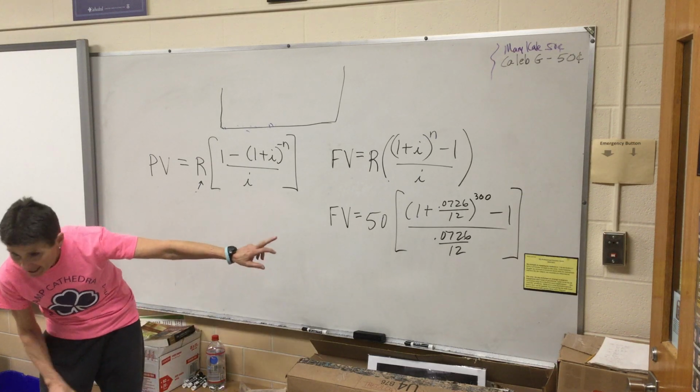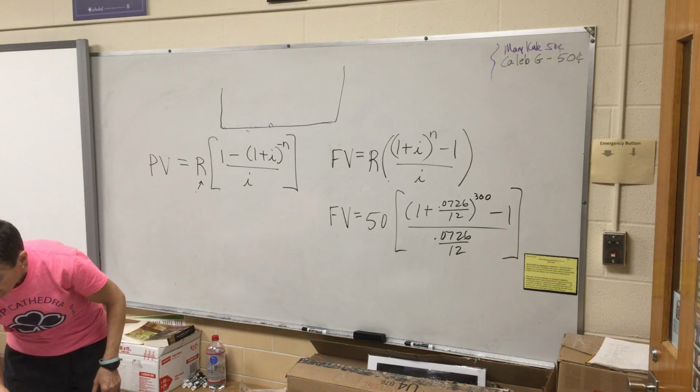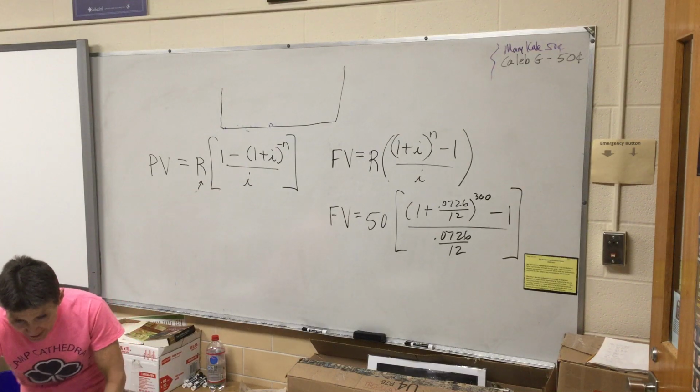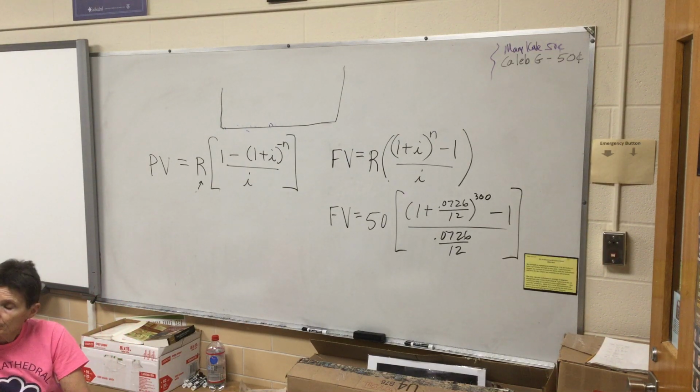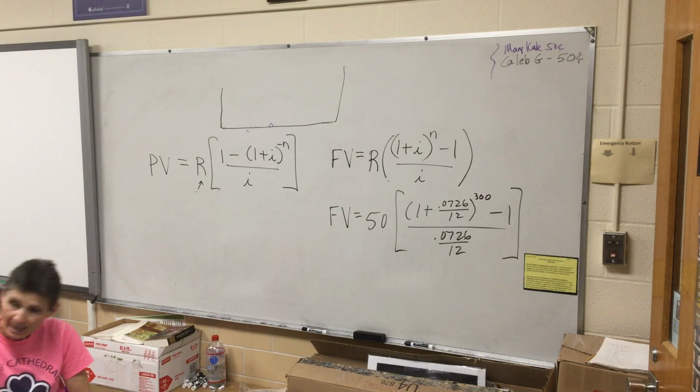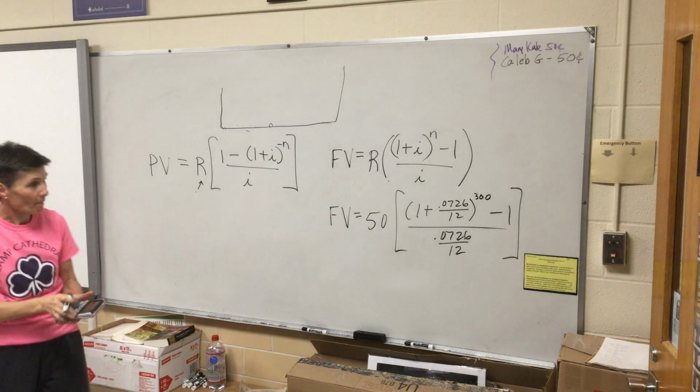Anybody have a question? That exponent is 300. How did I get 300 for my exponent? 25 times 12. Yep. 25 years, 12 payments a year, 300. All right, everybody good? All right, let's type it in. See what you come up with.